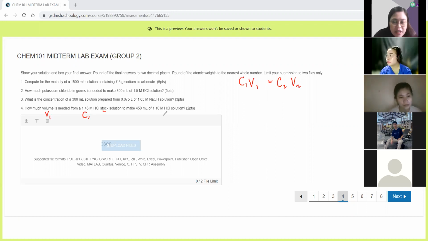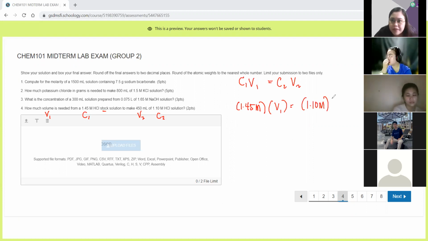Therefore, these two here are the second solution. We have the C2, the 1.10 M, and this is V2. So if we compute, we have here 1.45 M times the V1. We are looking for the V1. The C2 is 1.10 M, and the V2 is 450 ml.